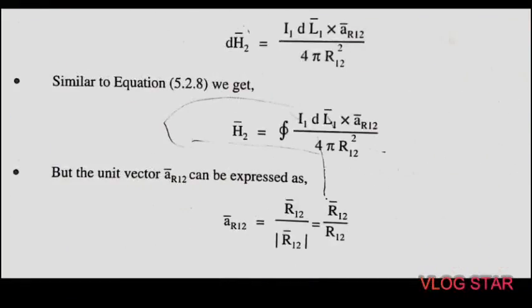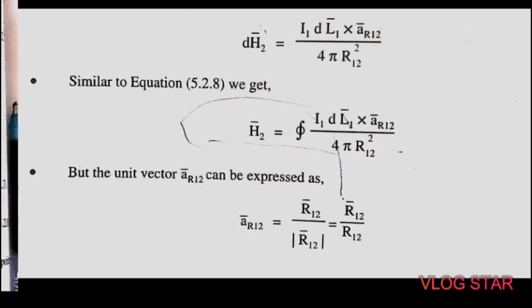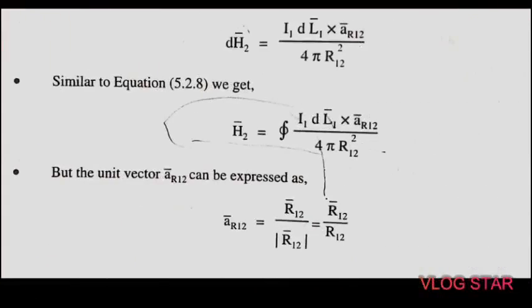Then after that we can calculate the magnetic field intensity at point 2 also. That means dH2 bar is equal to I1 dL1 bar cross aR12 bar upon 4 pi R square. Again this is dH2 bar, the small magnetic field.